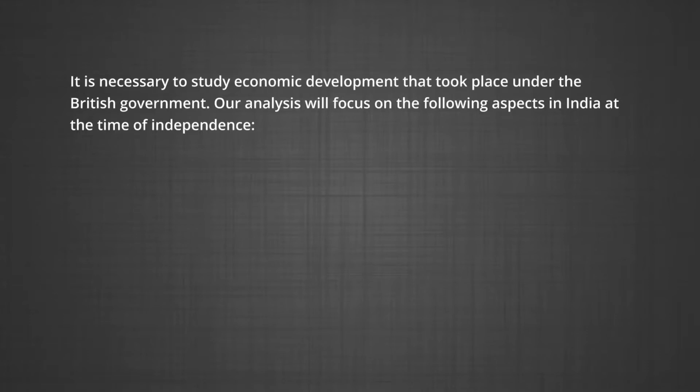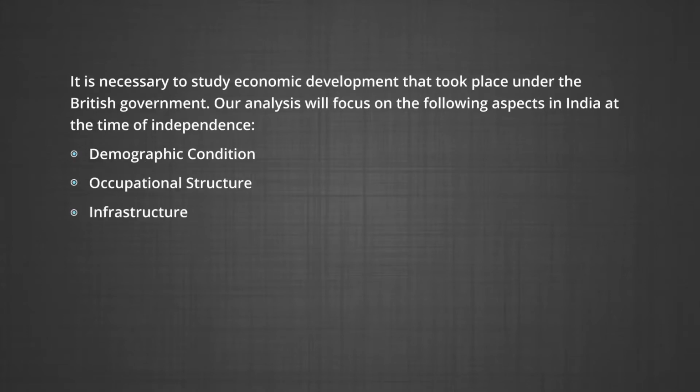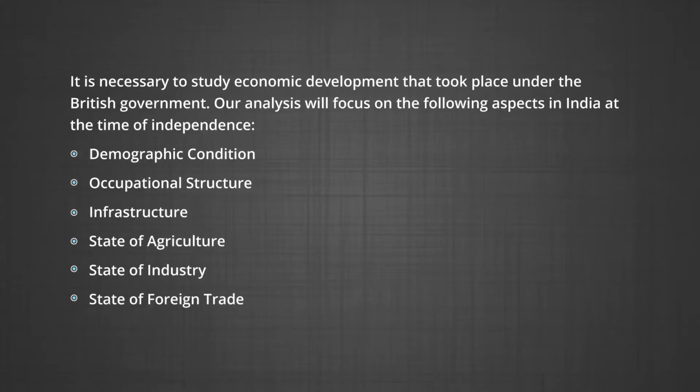Our analysis here will focus on the following aspects in India at the time of independence. They are demographic condition, occupational structure, infrastructure, state of agriculture, state of industry and state of foreign trade during the British period.